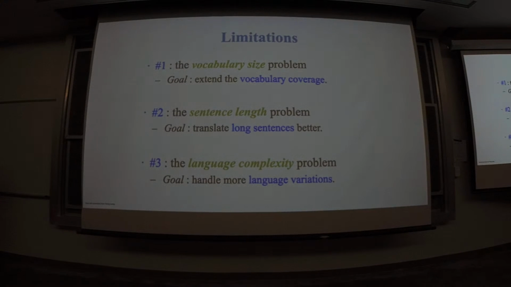I think we should expect it to be easier to translate between two romance languages, say Spanish and French or Portuguese, than to go from Spanish to Finnish. Finnish is already very complicated and they have very different grammars. So how do we deal with those kinds of things? What we're going to do here in the last little bit is see what was done to deal with these problems.